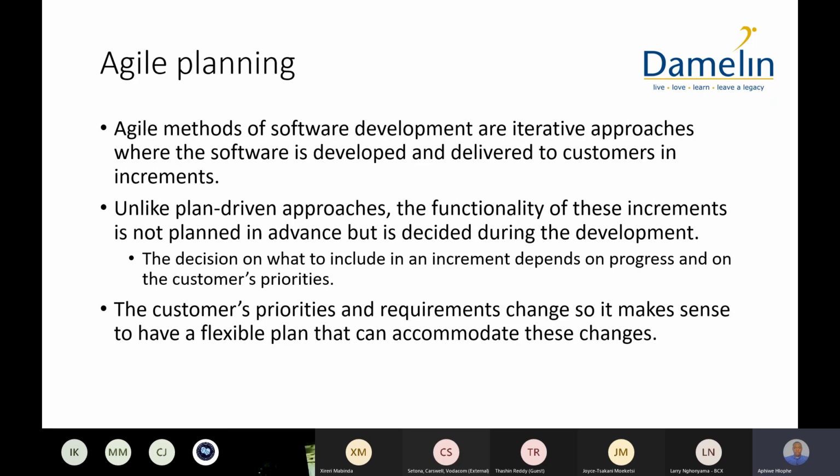The customers' priorities and requirements change, so it makes sense to have a flexible plan that can accommodate these changes. So here they're just contrasting, okay, and I did mention to you guys already, that agile and planning are actually things that contradict each other, okay? So you're faced with that challenge as opposed to the plan-driven approach.